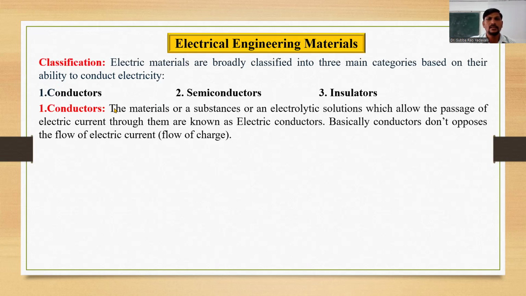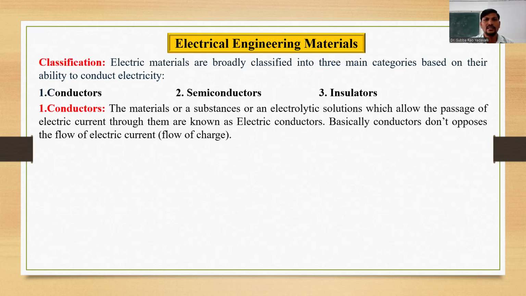The substances or electrolytic solutions which allow the passage of electric current through them are known as electrical conductors. So conductors are the materials which conduct electricity. Basically, conductors do not oppose the flow of electric current, or flow of charge.